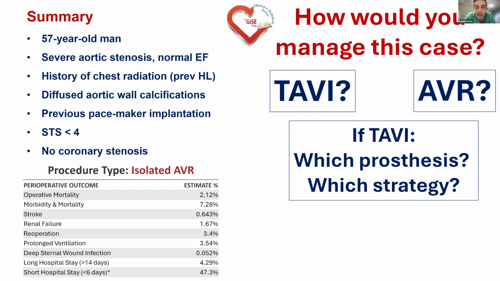Thank you. So, Antonio, I think this is a very nice case. It's a very nice example of many clinical situations that we are going to face in the near future. So this is a young patient. Let's not say it's a low-risk patient. Obviously, it's a low-risk patient, but it's a 57-year-old patient. So we have to take into account many things completely different to what we were used to do for older patients.